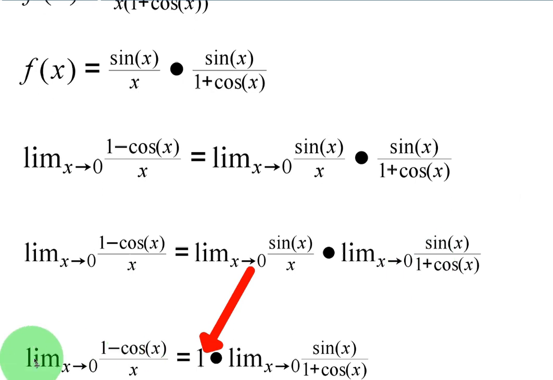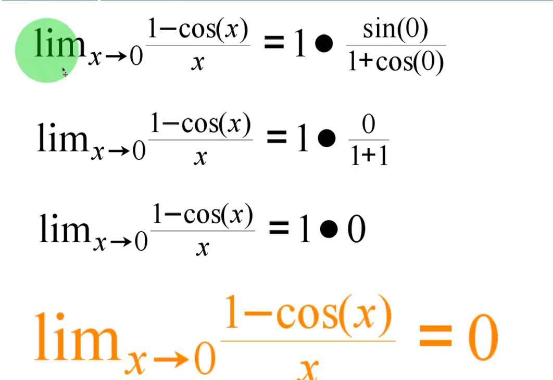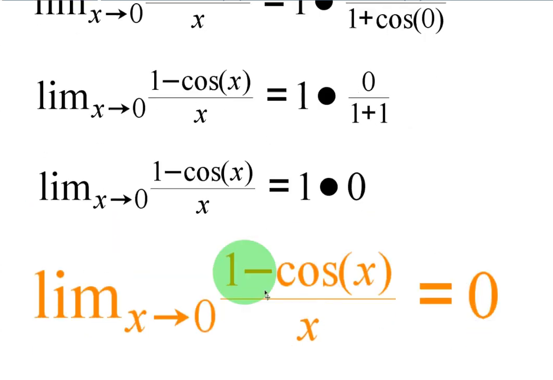Again, we're trying to show what the limit as x approaches 0 of 1 minus cosine x over x is. Now that we've determined the first part was 1 from our previous proof, sine of 0 is 0, cosine of 0 is 1, so we have 0 over 2, which equals 0. And now 1 times 0 is 0, and we've just proven that the limit as x approaches 0 of 1 minus cosine of x over x is equal to 0.